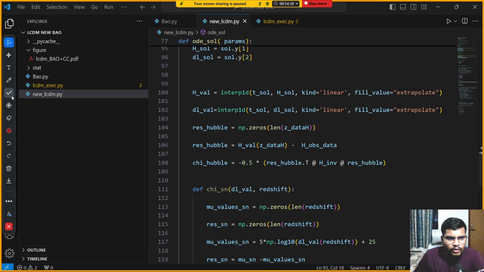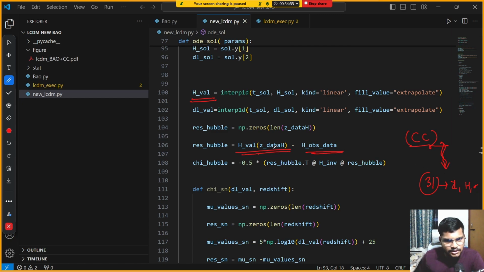Now something important. As observation data, I told you that I have CC as observation data, right? This CC will contain 31 data points, Z, H, and there is sigma for this one. So this is for my model H value, and for a specific Z for which the observational points have been given.